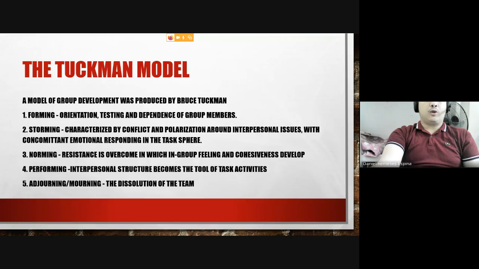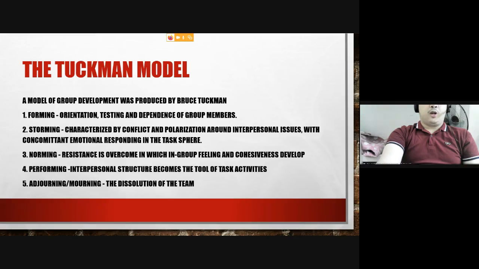So there is what we call in-group feeling. So they are now moving as one. They are now setting their differences aside and then work for the success of the project. So their goal is one. So there is an in-group feeling and cohesiveness developed.